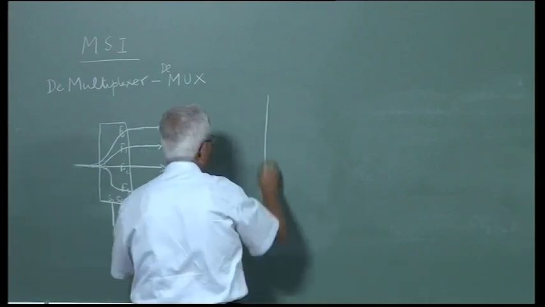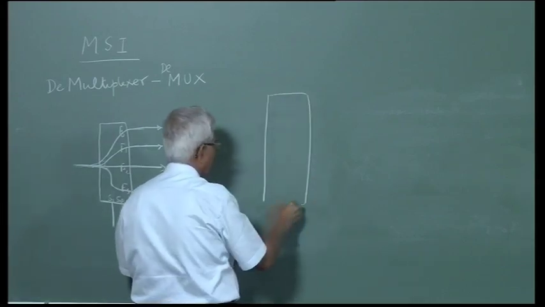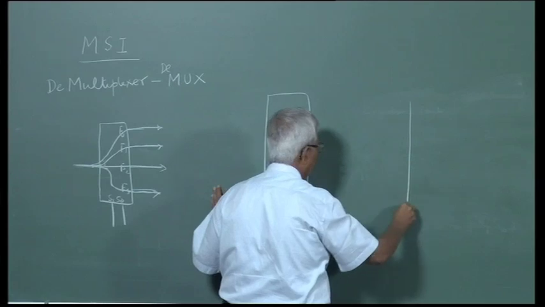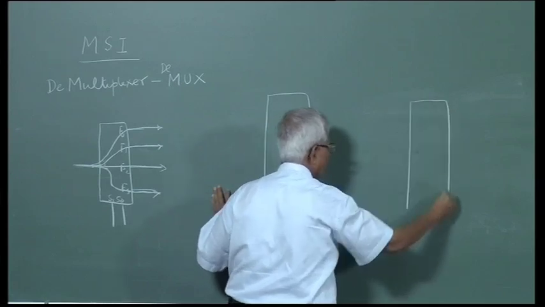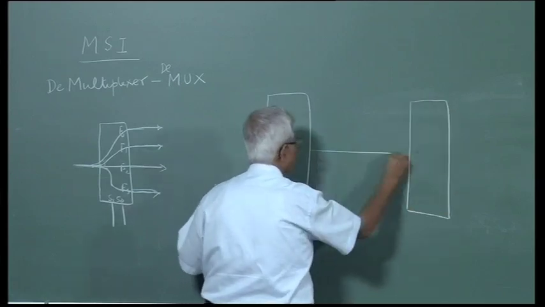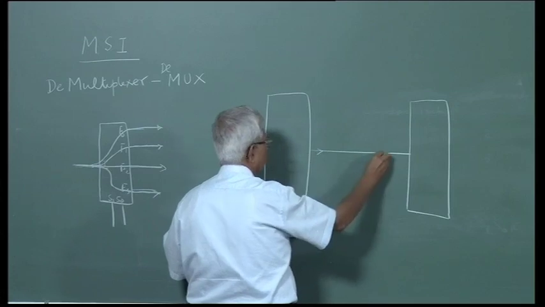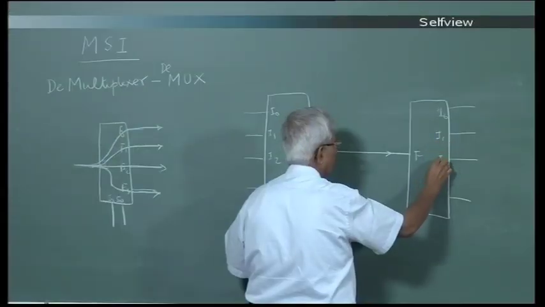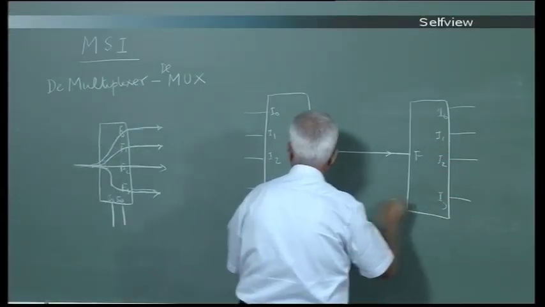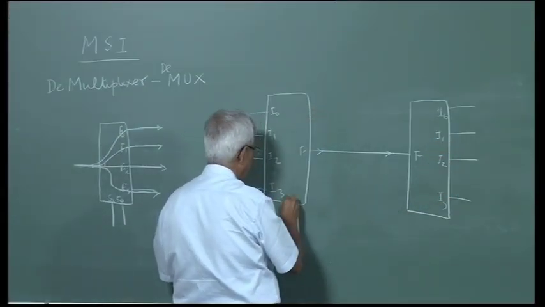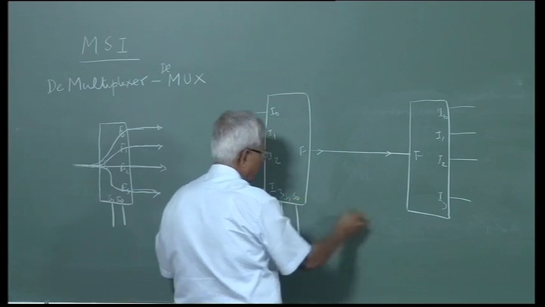I have a 4 to 1 mux and a 1 to 4 demux. This is F, I will call this as F also. So I have this S1, S0, here also S1, S0.